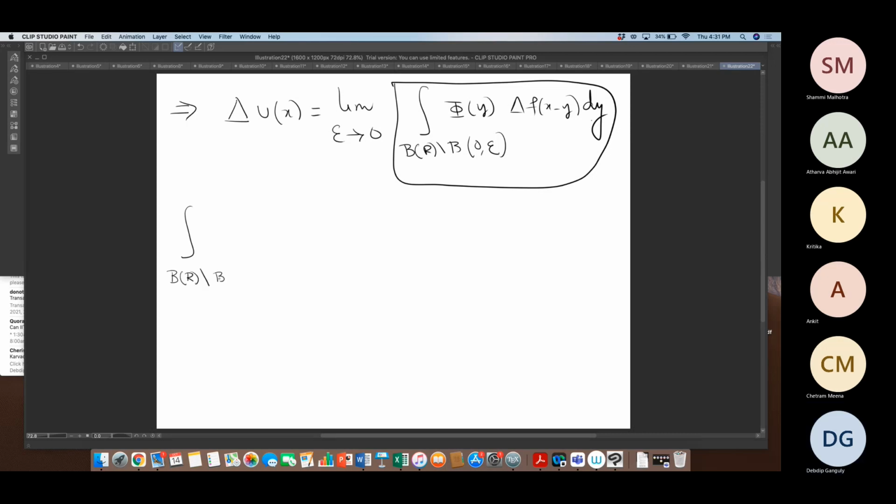B_R minus B_0 epsilon. Here in this set, the only problem phi has is at 0. Otherwise, Laplacian of phi is 0, for y not equal to 0. Does this set contain 0? Forget about epsilon tending to 0, for fixed positive epsilon. Does that set contain 0? No, sir. No.